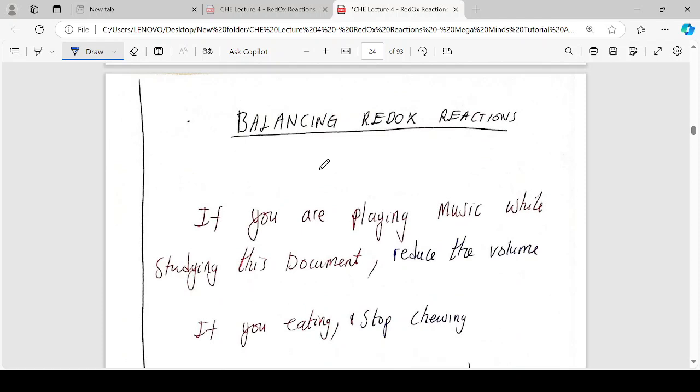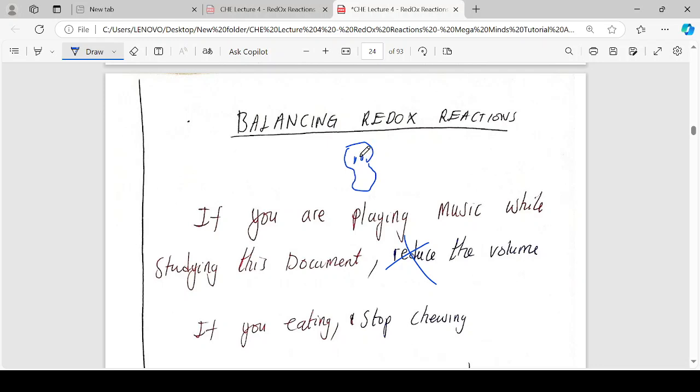balancing redox reactions. If you are reading this document while playing music, not even reducing the volume, you just have to turn off the music. Oxidation, this one, it's deadly.